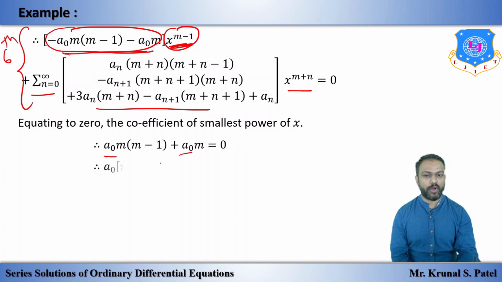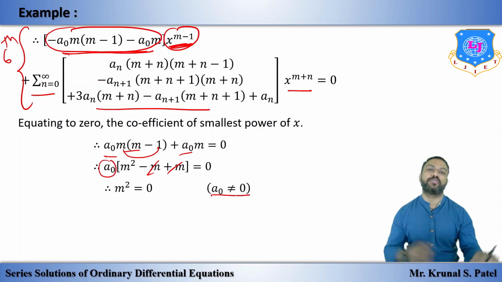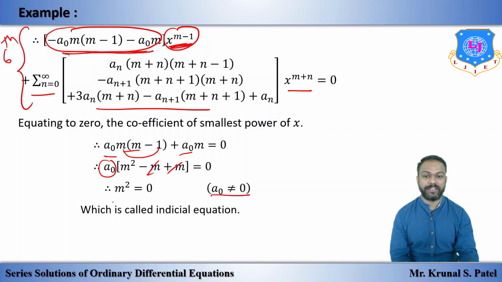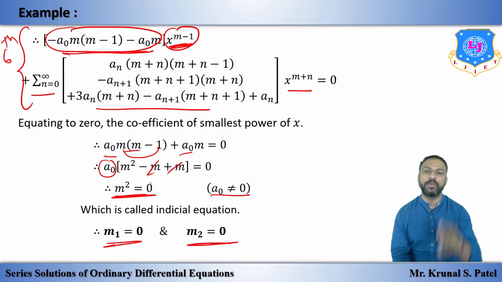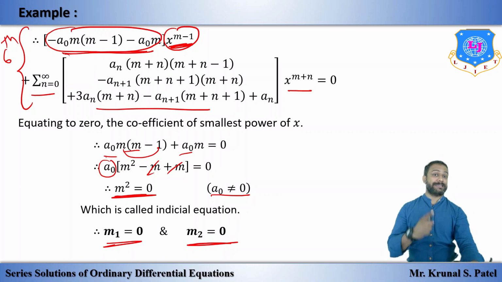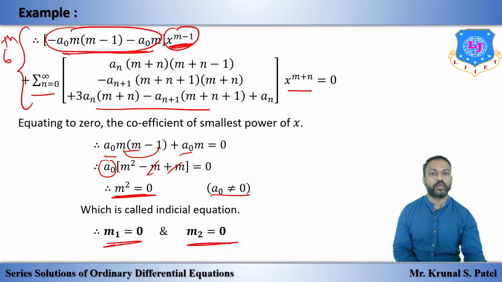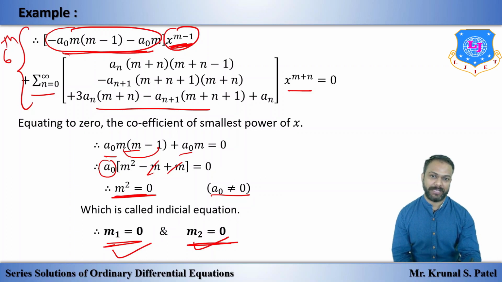Now we take a0 common, so m square plus m minus m plus m cancel out, and we have m square equal to 0, because a0 cannot be 0, otherwise the entire solution becomes 0. So this is our indicial equation, and we solve it. We have two roots m1 and m2, both are 0, because m square equal to 0 means m equals 0, 0, two times, because it is a quadratic equation and we must have two roots. Since these two roots are equal, this is an example of case 2. From here we can decide which case is applicable.